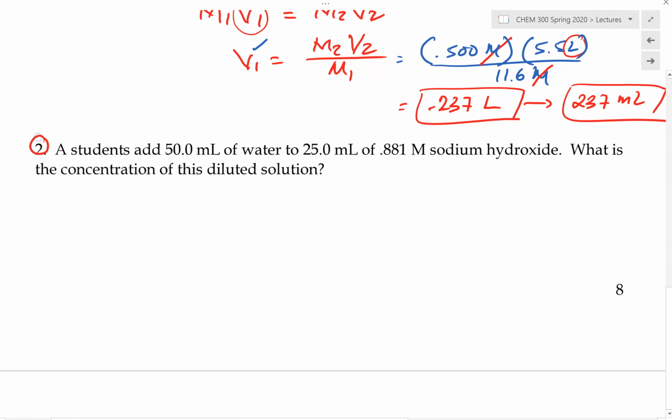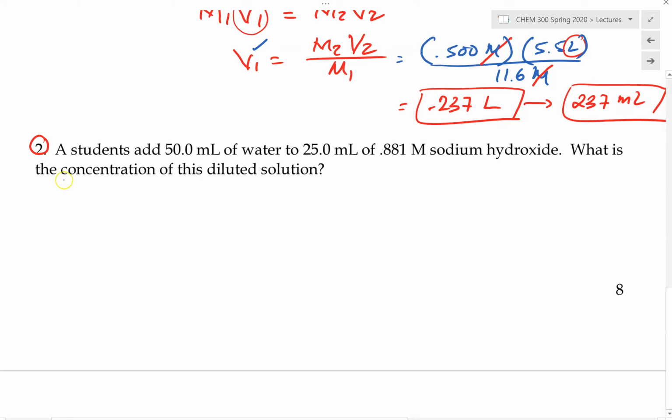And now let's try this example. Why don't you take a minute to solve this before we go over the answer together. In this problem, say a student adds 50.0 milliliter of water to 25 milliliter of a 0.881 molar sodium hydroxide solution to create a diluted solution.